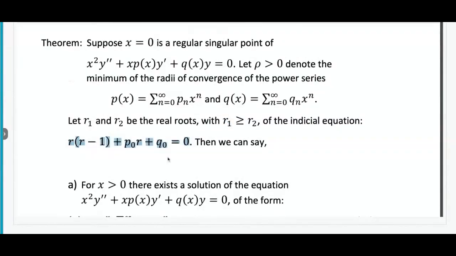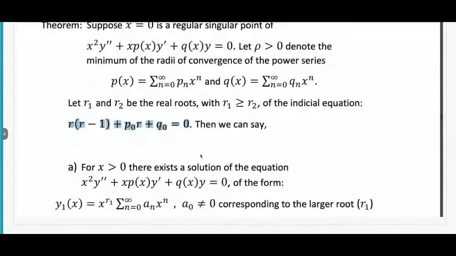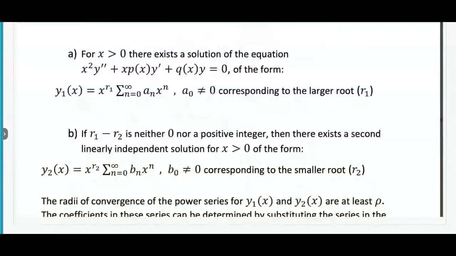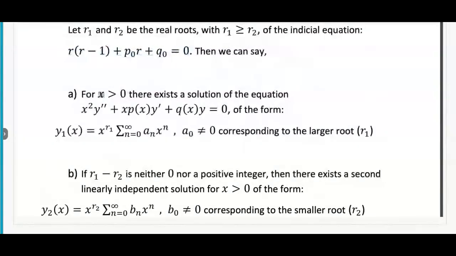So this is our initial equation. Then we can see that for x being positive, there exists a solution of this equation of this form: x raised to R1 multiplied by our power series.